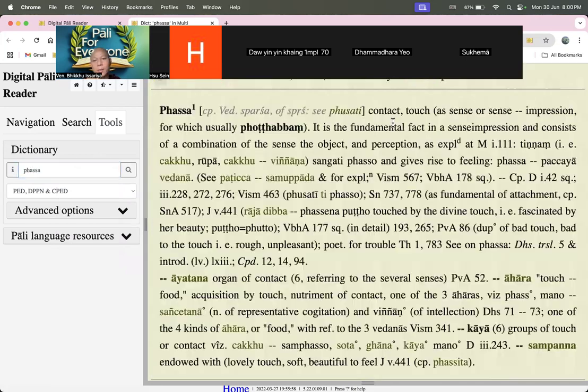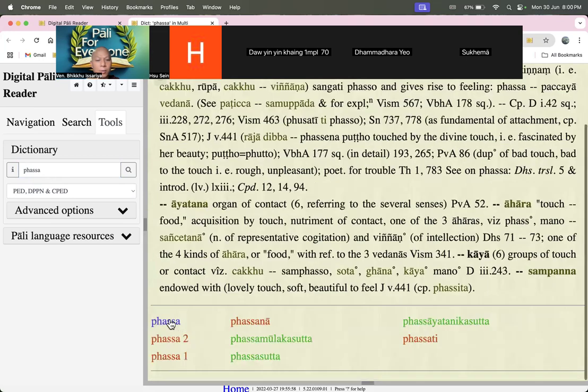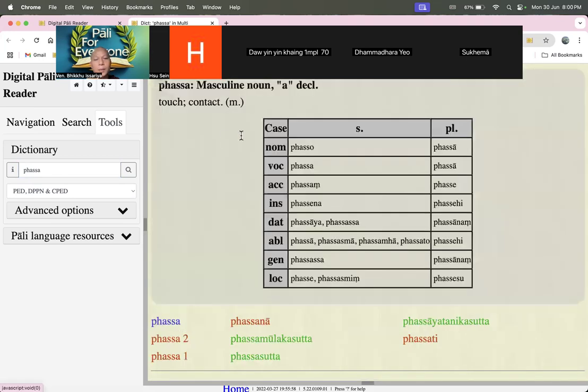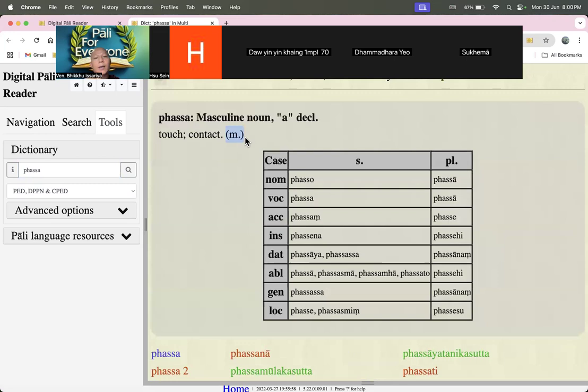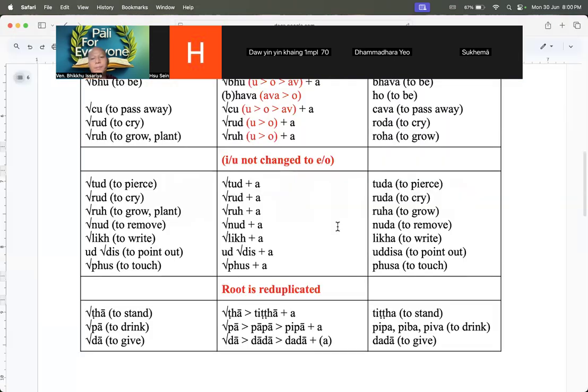Phassa is just contact, a noun form actually. You see here, that is a masculine noun, phasso, with the nominative noun form. Okay, thank you very much, Bante.